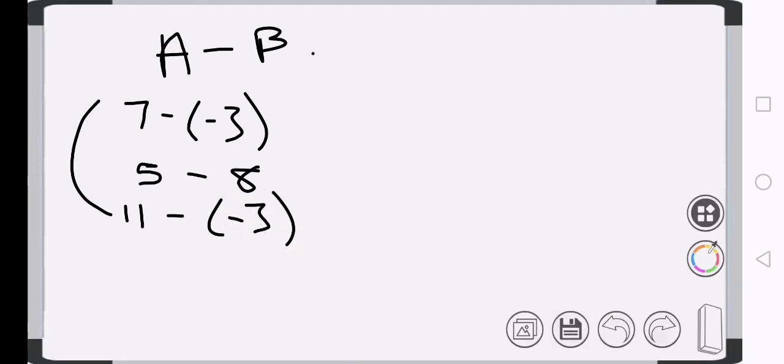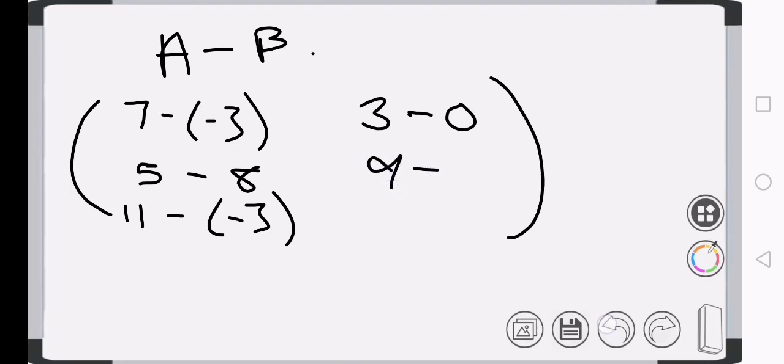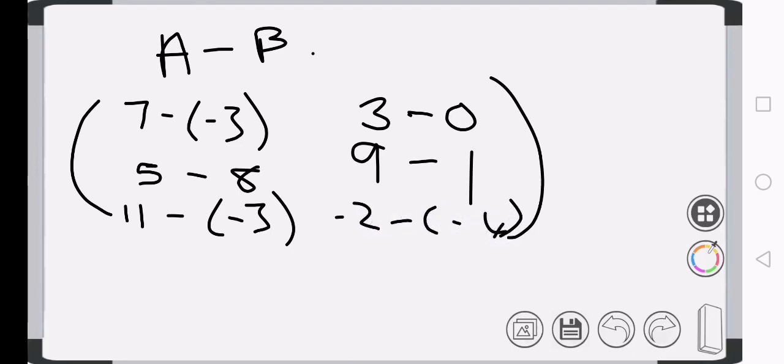I hope you're following. Then we've got 3 corresponding with 0, so it will be 3 minus 0. Then 9 is corresponding with 1, so it will be 9 minus 1. Then -2 is corresponding with -4, so it will be -2 minus -4.